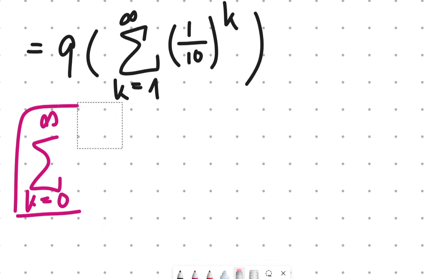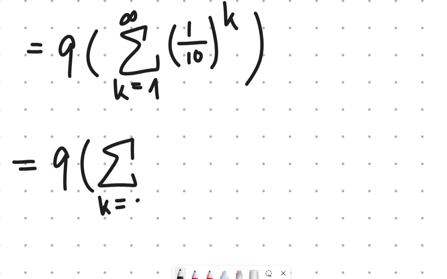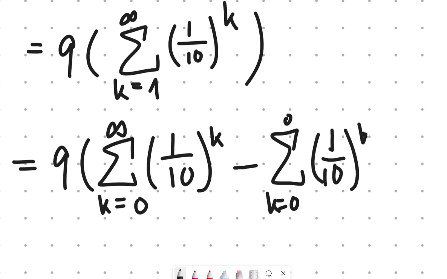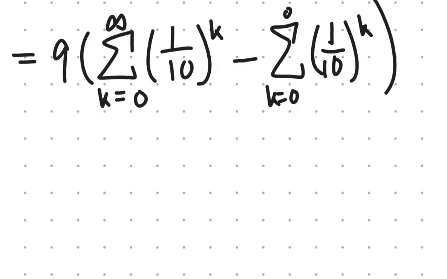Just have to erase everything so that I can write it down as follows. It will be 9 times the sum k going from 0 to infinity of 1 over 10 to the k minus the sum k going from 0 to 0 of 1 over 10 to the k. Now, k going from 0 to 0 just means plug in k equals 0. So if we plug in 1 over 10 to the 0 power, anything to the 0 power is equal to 1.